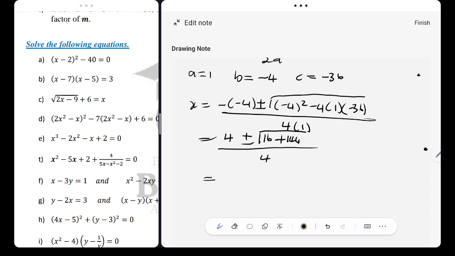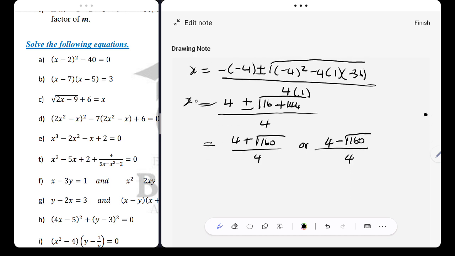And then when I punch this into the calculator, I must just have 4 plus the square root of 160 over 2, or 4 minus the square root of 160 all over 2.